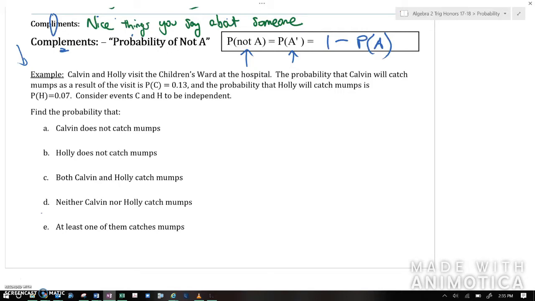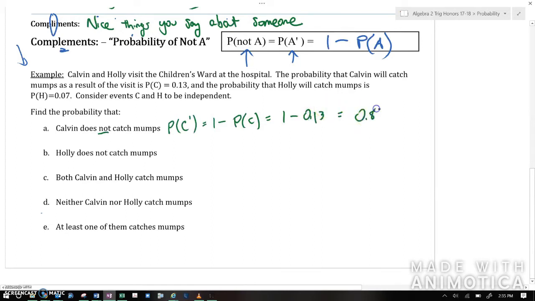First of all, if I want to find the probability that Calvin does not catch mumps, I'm going to use that idea of the complement. So the probability that he does not catch mumps, we could think of Calvin not catching mumps as C prime, or not C, is 1 minus the probability that he does catch mumps, or 1 minus 0.13.